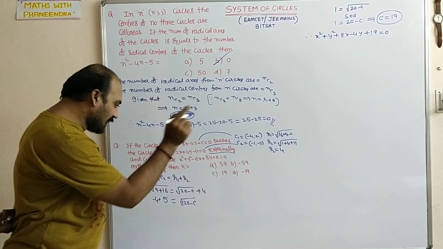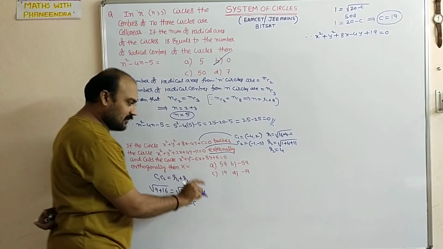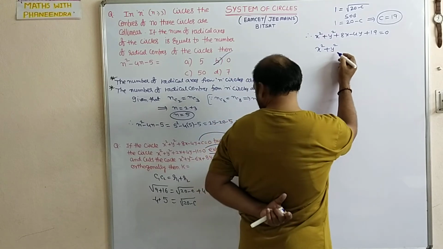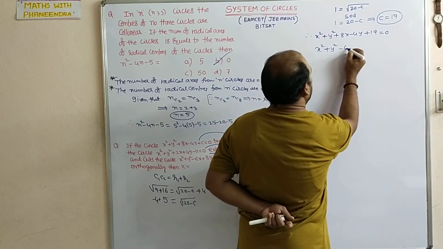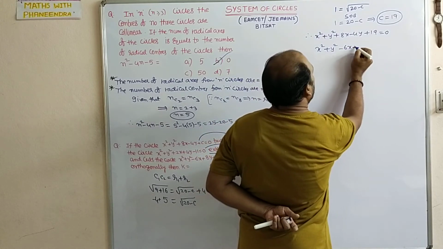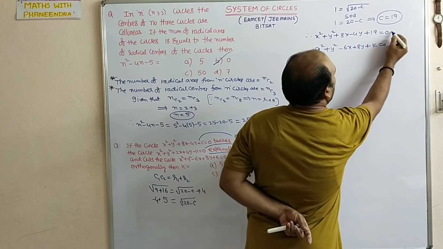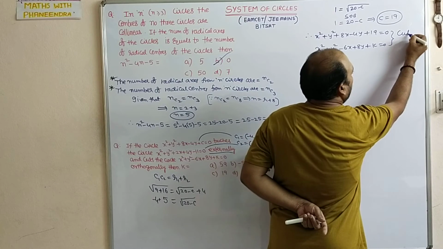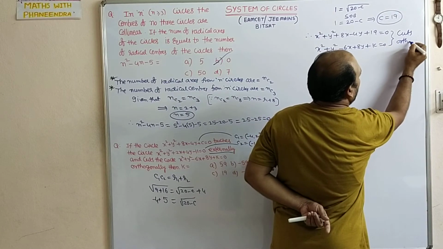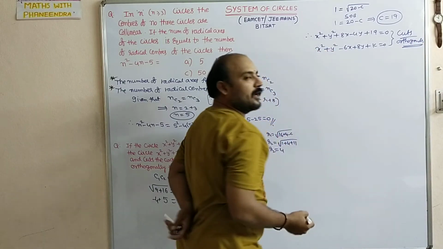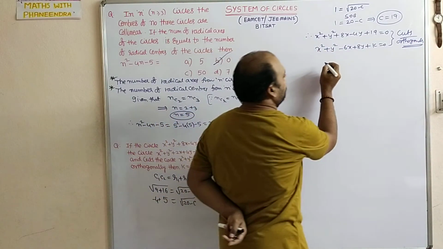and this circle cuts orthogonally the third circle x square plus y square minus 6x plus 8y plus k equal to 0. These two cut orthogonally. So again 2gg dash plus 2ff dash.